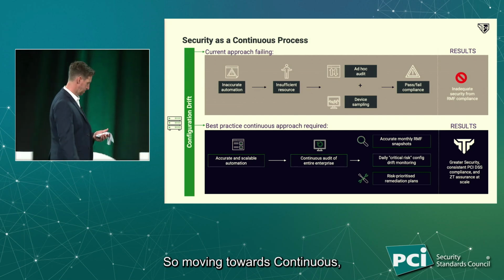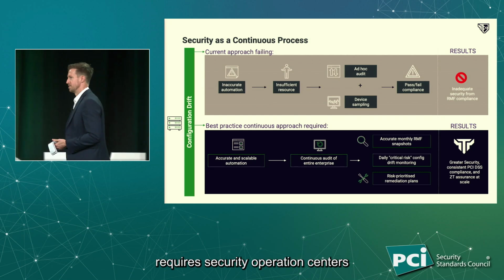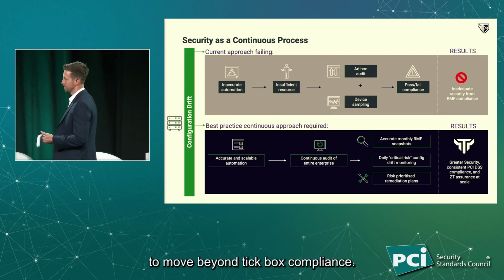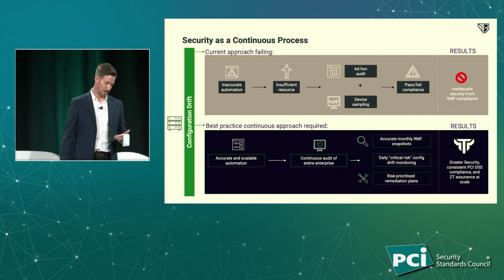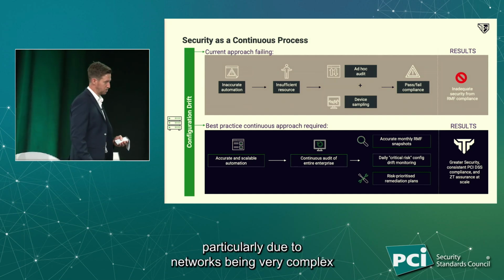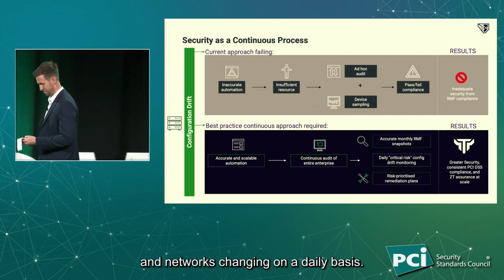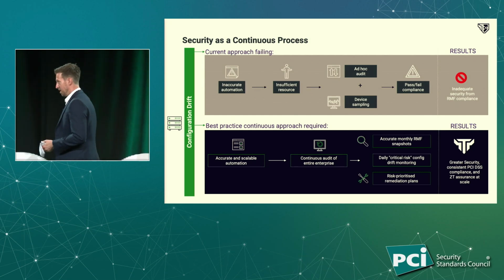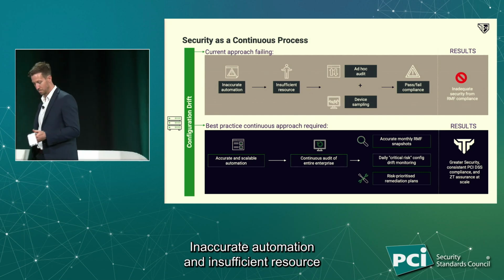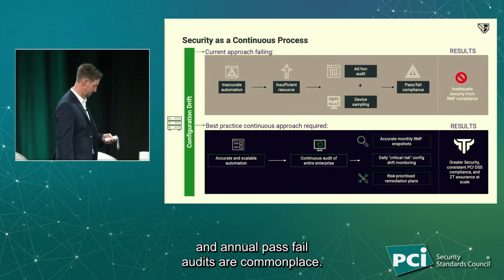So moving towards continuous requires security operations centers and network operations centers to move beyond tick box compliance. And in many cases, the current approach is failing, particularly due to networks being very complex and networks changing on a daily basis. Inaccurate automation and insufficient resource means that device sampling and annual pass-fail audits are commonplace.